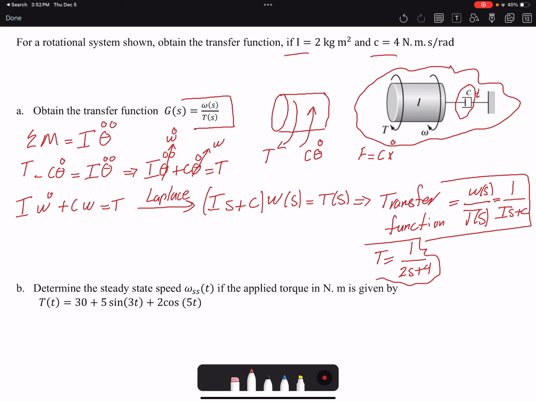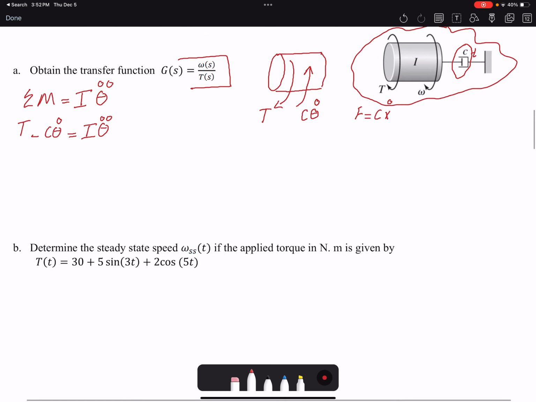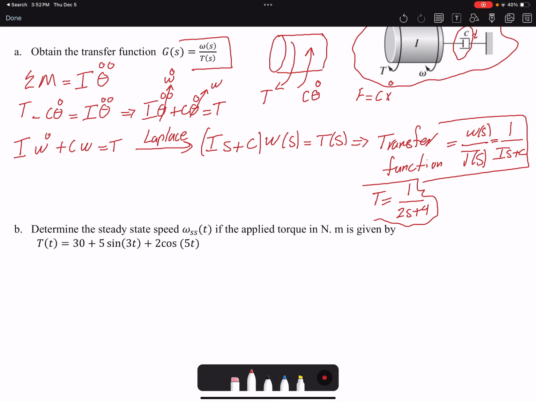But the interesting part is to find the steady state response if we have this input. Let's say this input is being applied to our system, and this input has multiple components. It has a fixed value, a constant value, and then we have two functions of time, sine and cosine here.